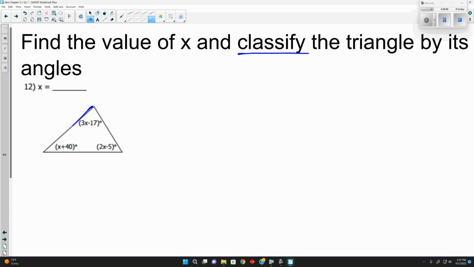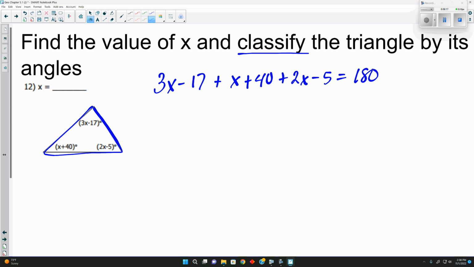Now we know that these three angles add together to be 180, so we can say 3x minus 17 plus x plus 40 plus 2x minus 5 is equal to 180. Combine like terms. So 3x plus x is 4x plus 2x is indeed 6x.